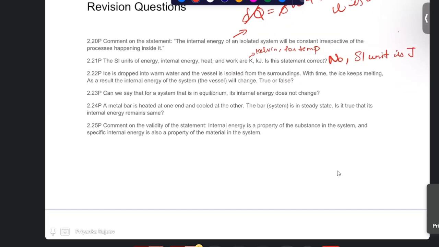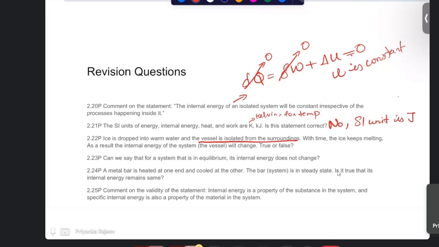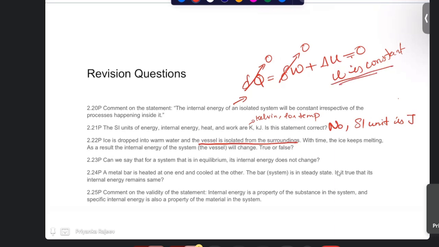Then next is: ice is dropped in the warm water and the vessel is isolated from the surroundings. With time, the ice keeps melting. As a result, the internal energy of the system will change. True or false? So, ice is melting inside a vessel that is isolated from the surroundings. Again, isolated means what? U is constant.